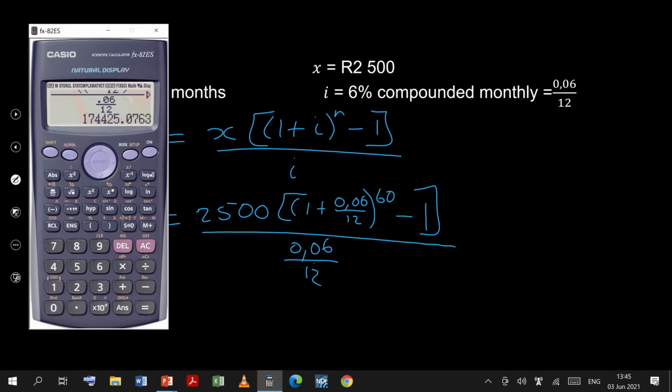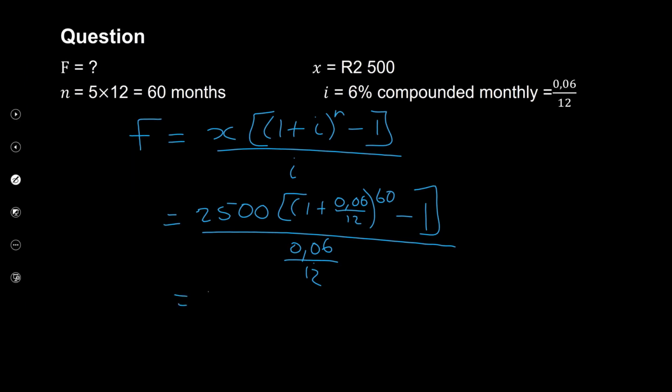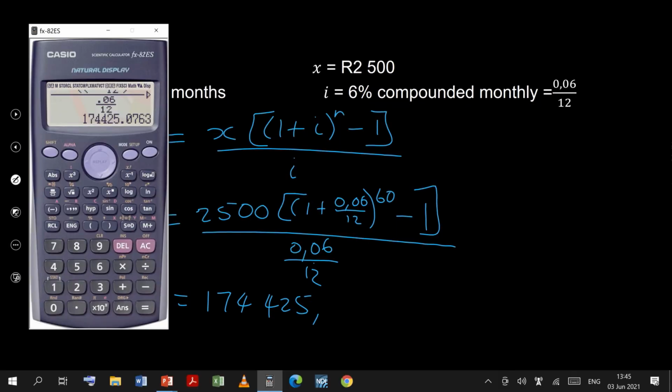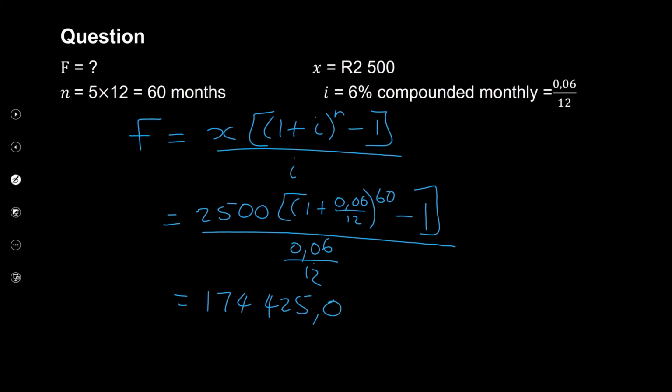So ASIF will have 174,425, and how many cents? 8 cents, because we're going to round this off to 2 decimal places.